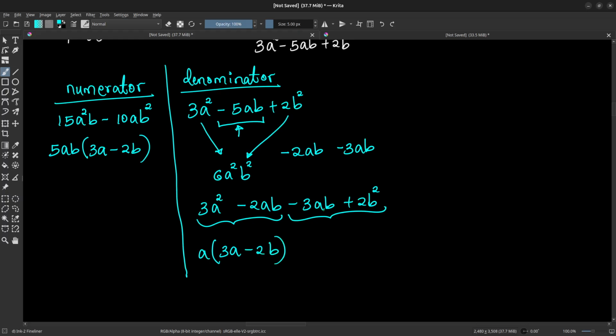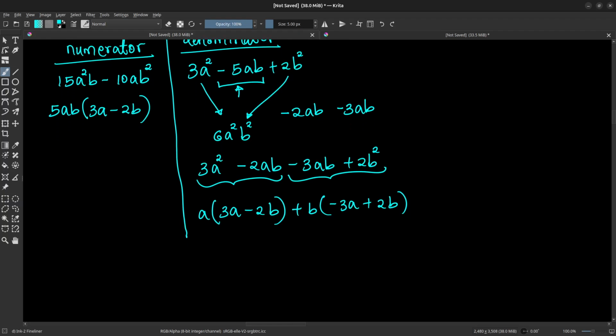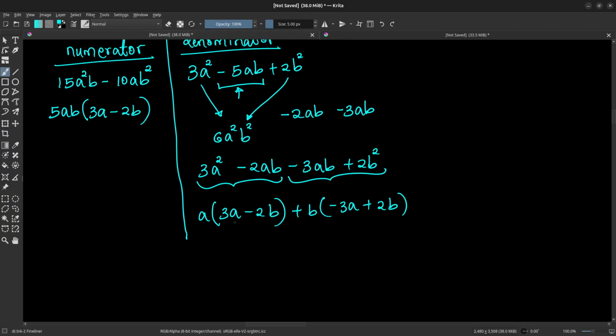In the second pair, the common factor is b. Let's factor out b. Negative 3ab divided by b leaves us with negative 3a, and plus 2b squared divided by b gives 2b. Notice that in the first term we have 3a minus 2b, but in the second we have negative 3a plus 2b.